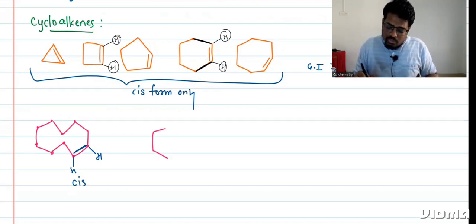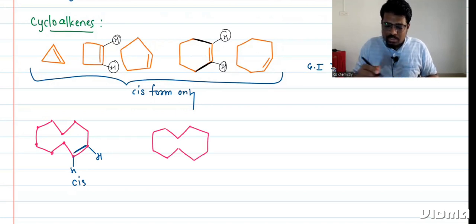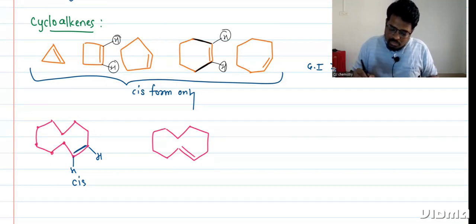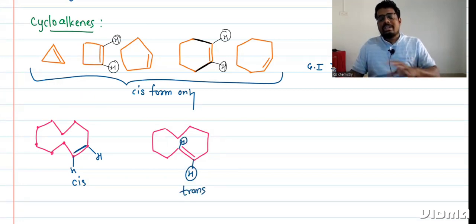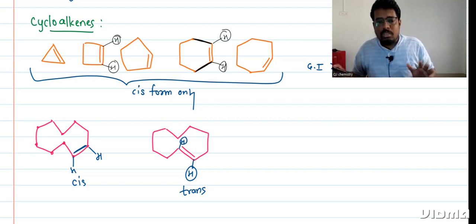But in a trans form, the arrangement of the groups is like this. We have the double bond, and now in this system the hydrogens lie exactly on opposite sides. So this system is known as what? Trans, where the hydrogens are present exactly opposite across the double bond, right? So this is a trans form.